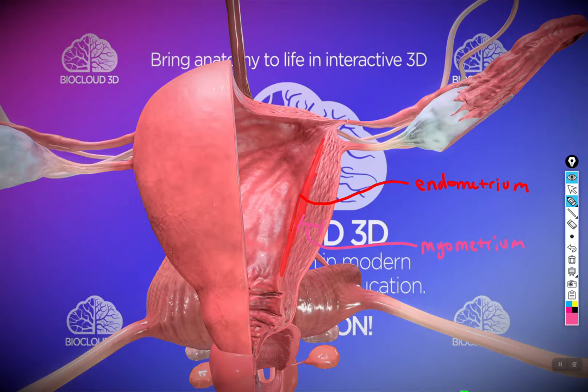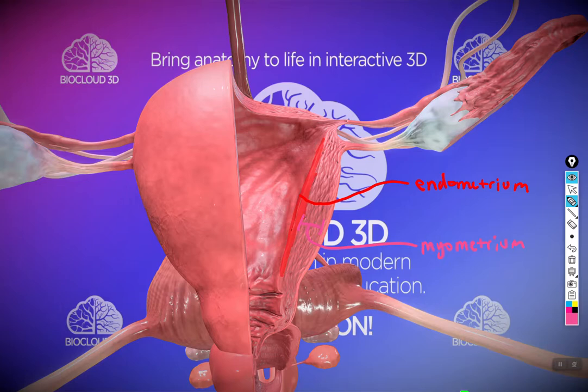Myo meaning muscle. So this is a layer of elastic tissue and smooth muscle, and that provides two functions. One, it's stretchy so that it can grow to accommodate a growing fetus. And the other is, because it's smooth muscle, it can contract and expel said fetus when it's time for baby to be out and not in.